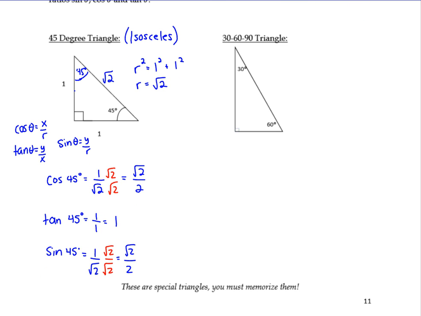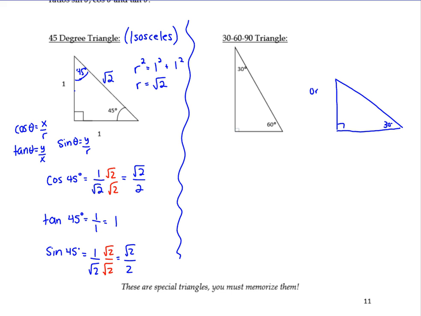Okay. Now the 30, 60, 90 triangle you can draw 2 ways. So this was the 45 degree triangle you need to memorize. You can draw it with the 60 degree at the bottom, or you can draw it with the 30 degree at the bottom. Would you agree though? Like if this is 30 degrees, what's the angle at the top?